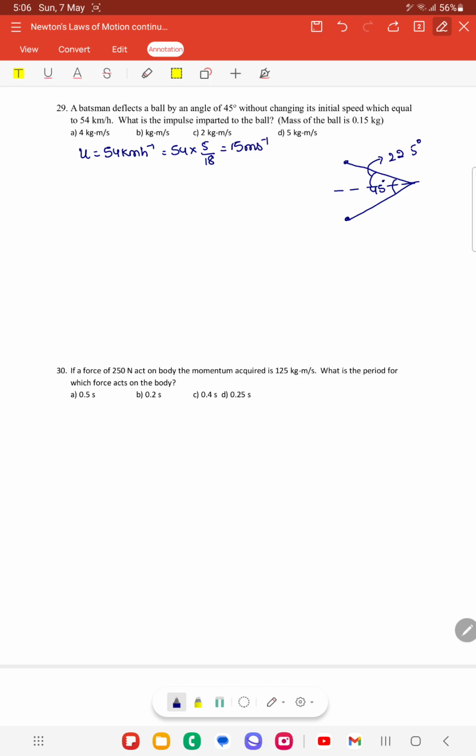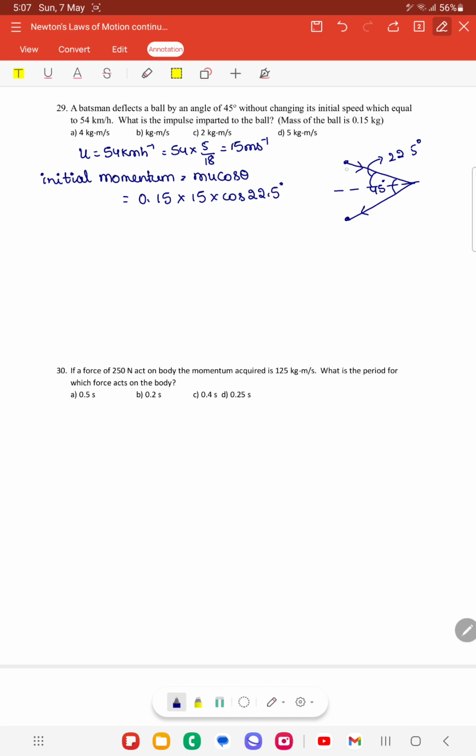So when we consider the initial momentum, it is nothing but mu cos theta, that is 0.15 into 15 into cos 22.5 degree.